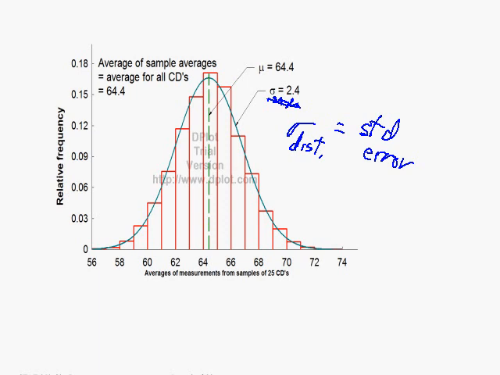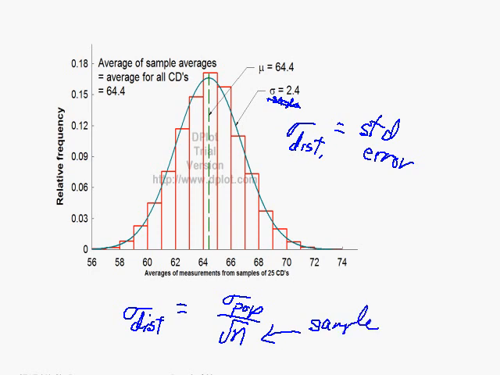It's related to the standard deviation for the entire population, assuming that's bell-shaped. The standard deviation for the distribution equals the standard deviation for the entire population divided by the square root of n, and n is the sample size. That means how many objects you're measuring in each sampling.